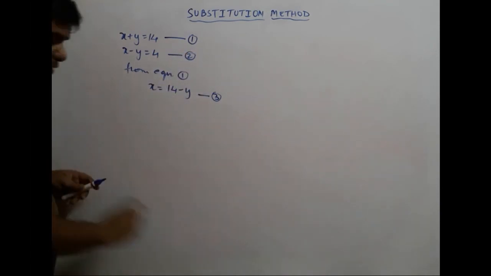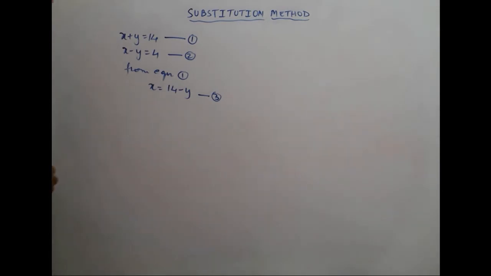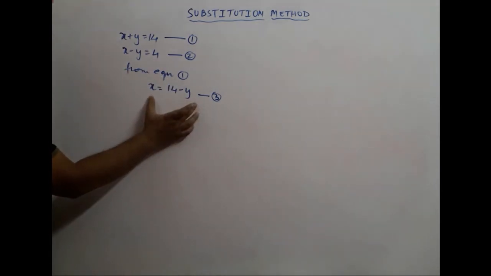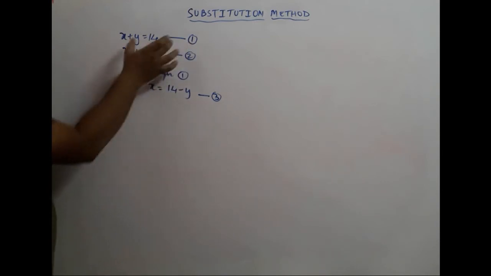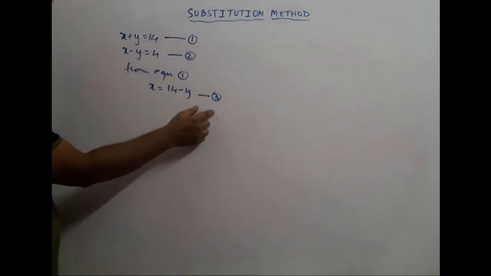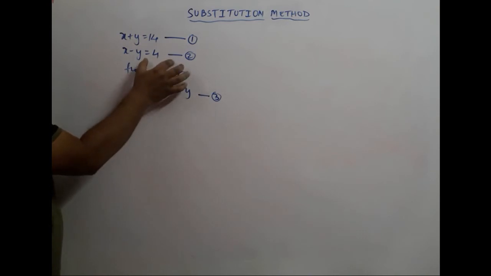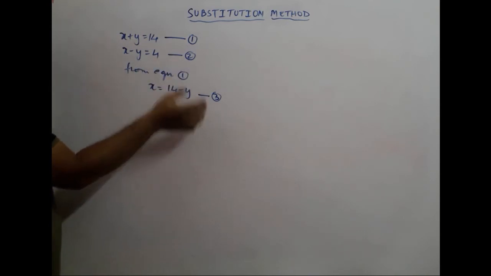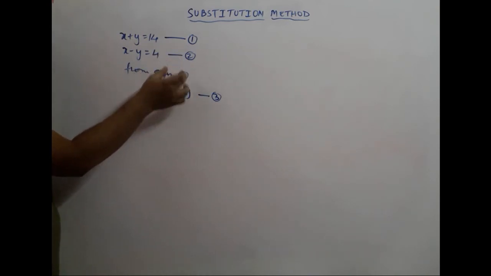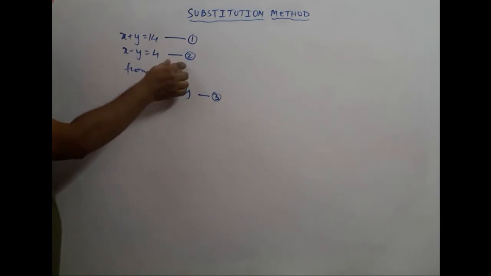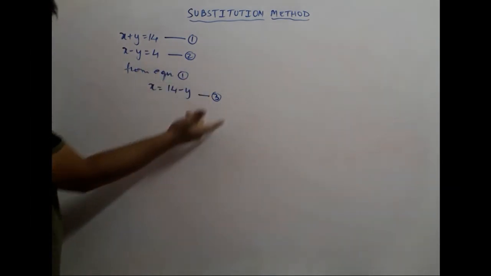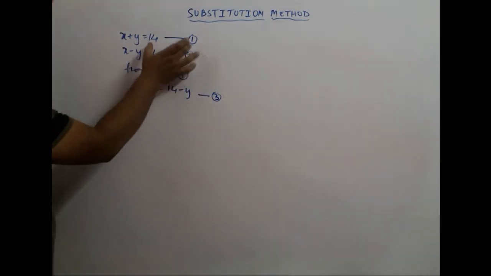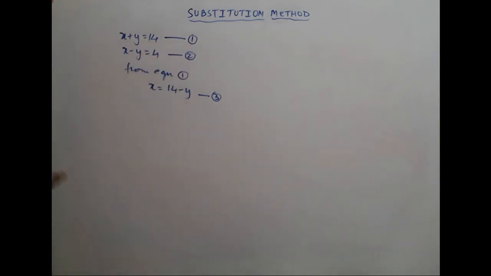What I am trying to say is, if you get this derivative from a particular equation, like for example we have taken this from equation 1, had we taken it from equation 2, please do not put it back into equation 2. If you put it back into the same equation, you will get the same thing and it will be wrong. We are looking to substitute, so do not use the same equation, use the other equation.